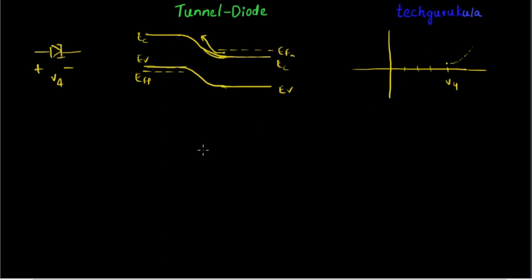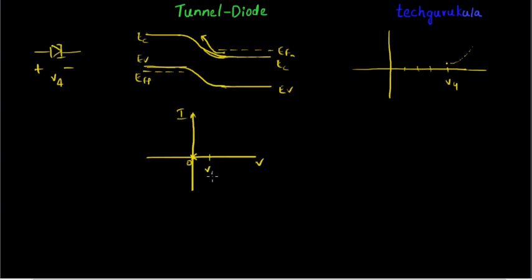Now for a summary, considering all these V1, V2, V3, V4 and so on, let us draw the characteristics under forward bias. We saw that when the input voltage was 0, the current was 0, so no confusion here.